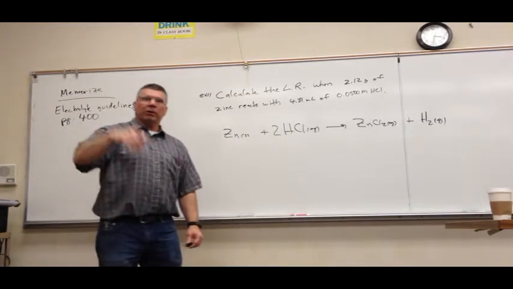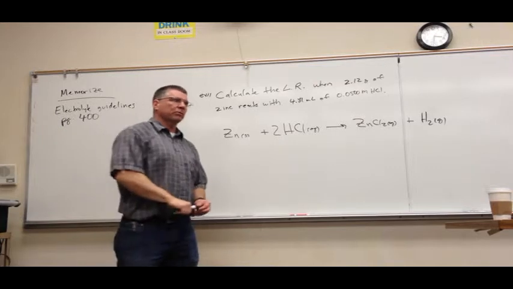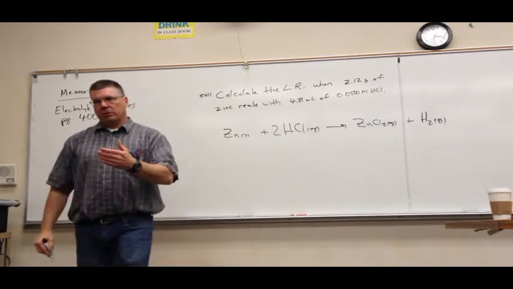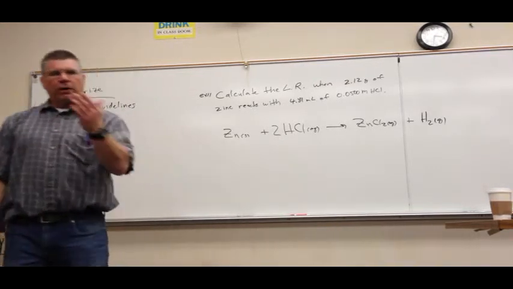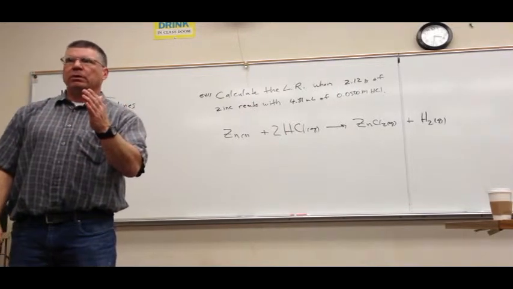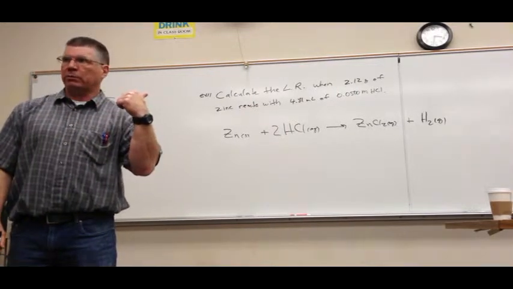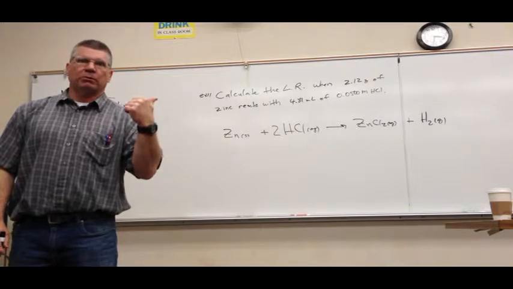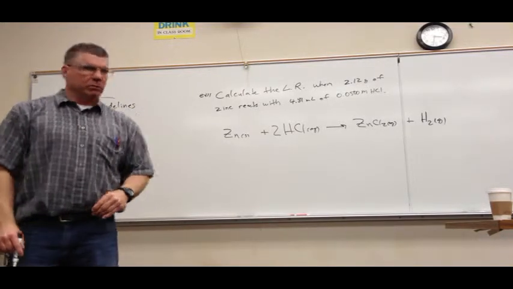You always need a balanced equation for limiting reactant type problems. Remember, the procedure is, once you have a balanced equation, find the moles of each reactant, then divide by their coefficients in the balanced equation. Whichever gives you the smallest number is the limiting reactant.